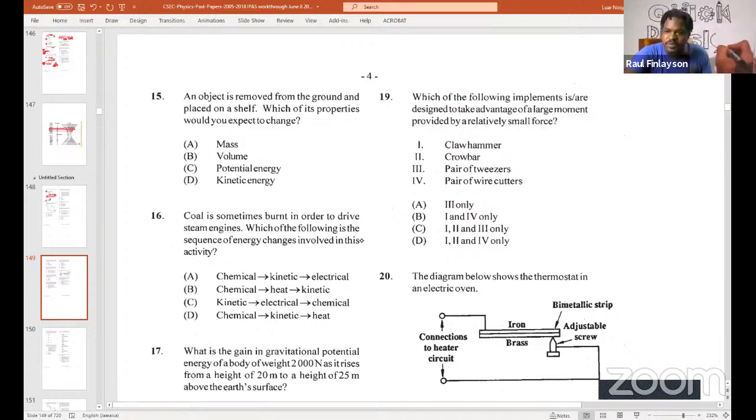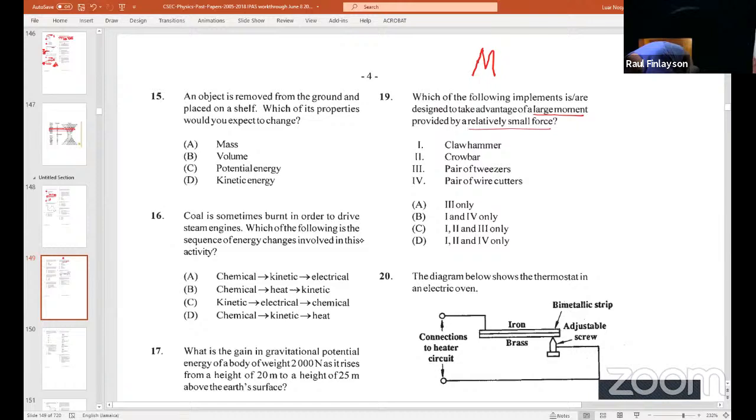Which of the following implements is or are designed to take advantage of a large moment provided by a relatively small force? So large moment. What on earth is this acting up? Large moment, and let's look at.